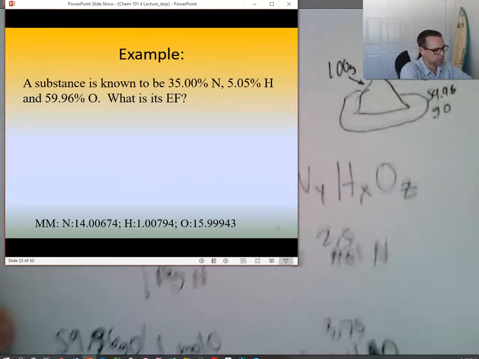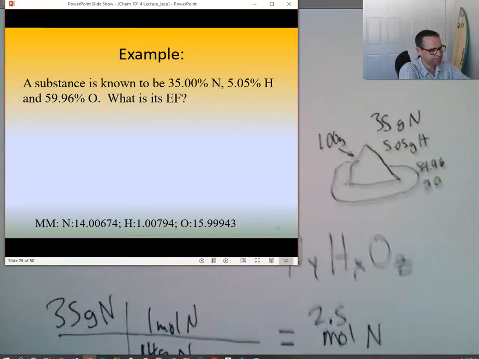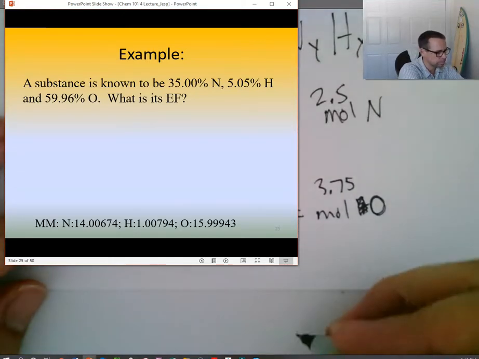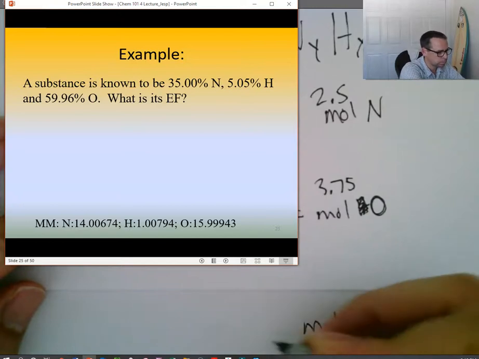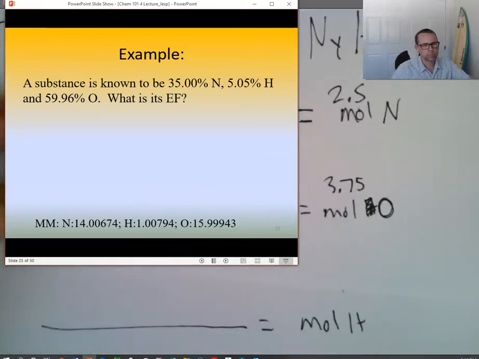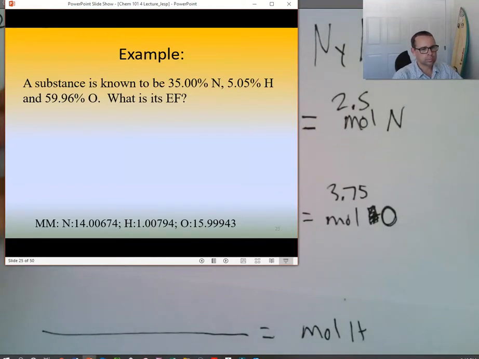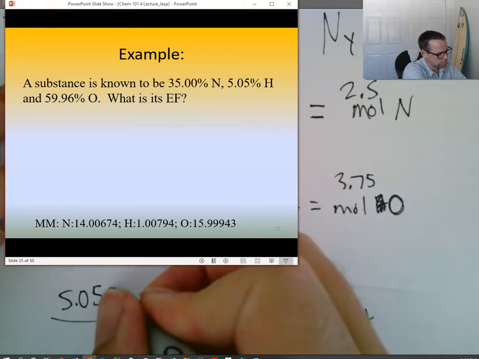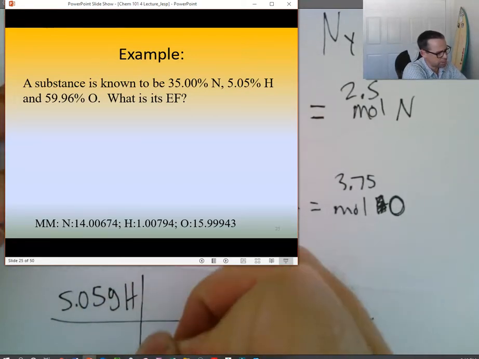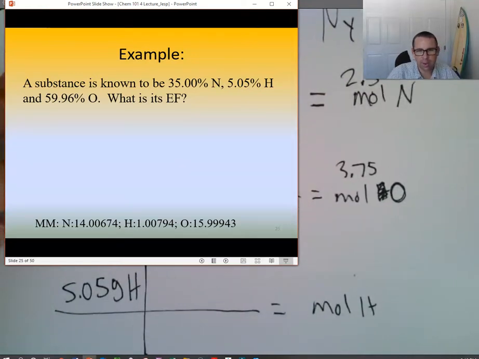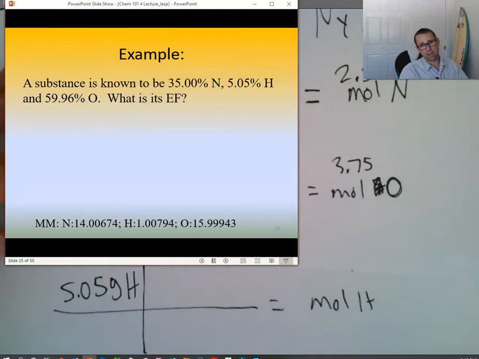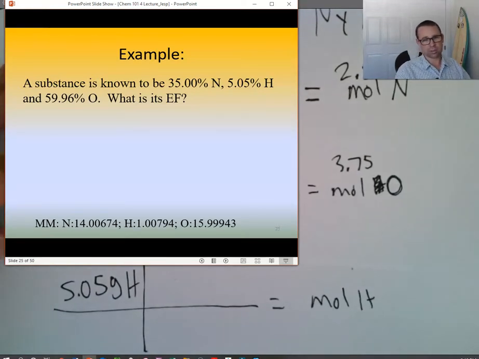Last one here, moles of hydrogen. With the equal sign, we're looking at moles of hydrogen, and on top we have 5.05 grams of hydrogen. Very good. Now remember that percentage, we can take as grams, because you can always assume you have a 100-gram sample, and therefore you can use those percentages just as grams.